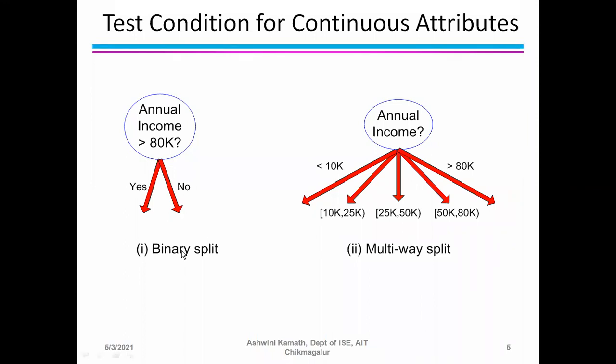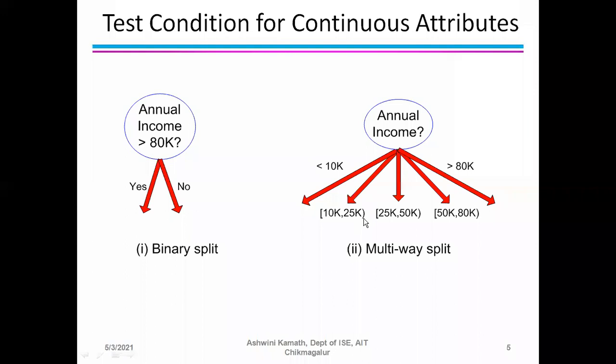I hope you know this bracket notation. On the left hand side we have a square bracket, which means include, and on the right hand side we have a parenthesis, which means exclude.